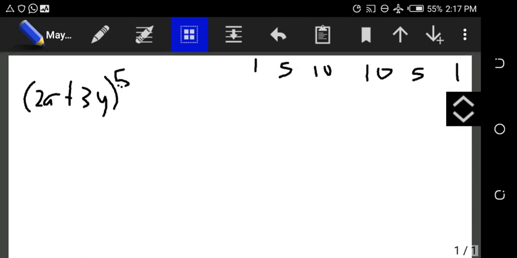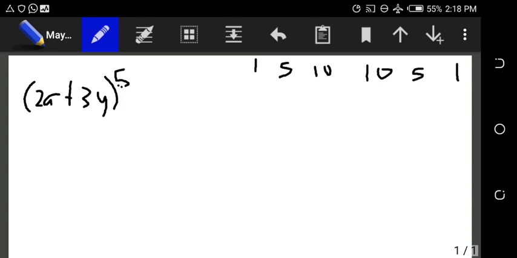Alright, so then going over to our binomial expression here, for us to expand this, remember the rule that the first term, in this case 2a, would decrease from the given power, which is 5, down to 0, while the second term 3y will have to increase from 0 till we get to the power 5. Alright, and again we are going to be taking our coefficients one after the other.